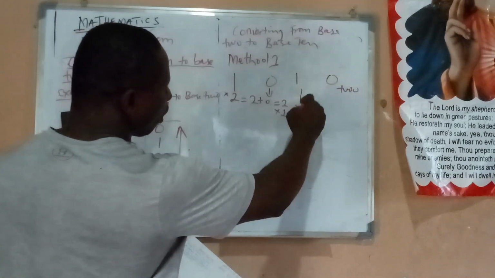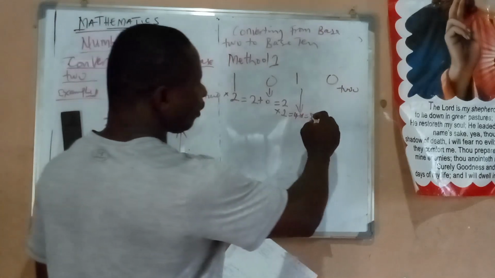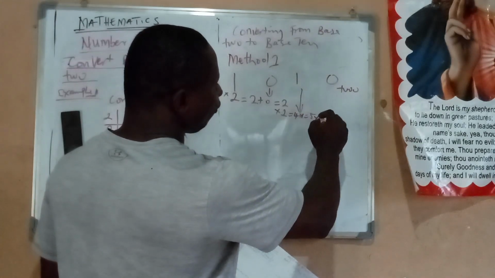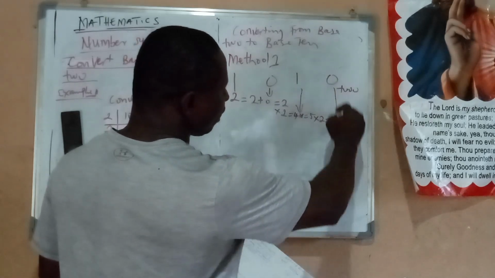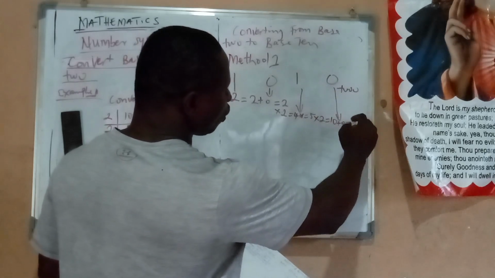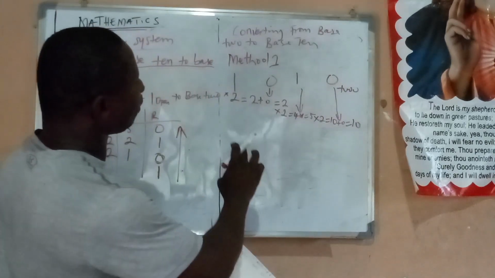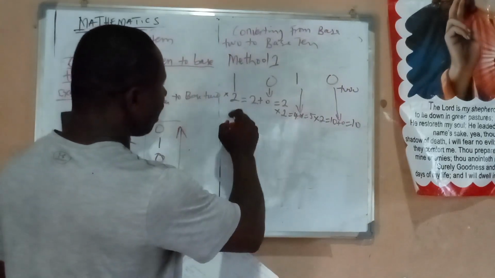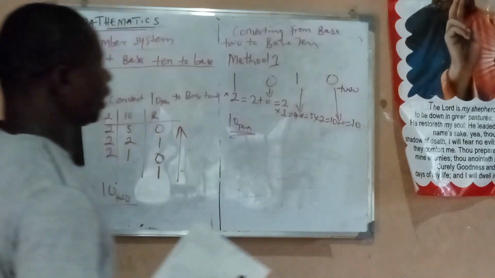We bring down this 1, we add it. This equals to 5. So 5 times 2 is equals to 10. We bring down the 0, plus 0 is equals to 10. So we have converted from base 2 to base 10. So we have 10 in base 10. That is the answer to that.